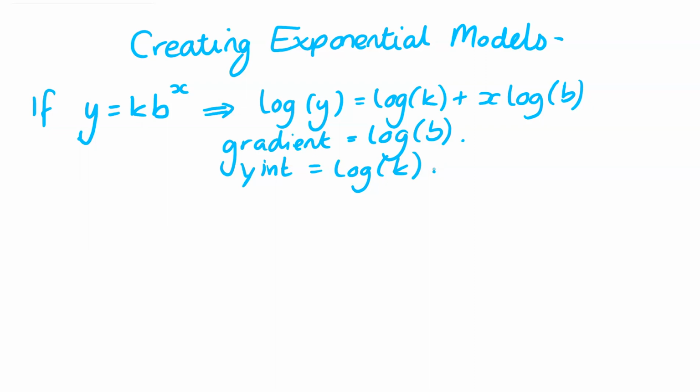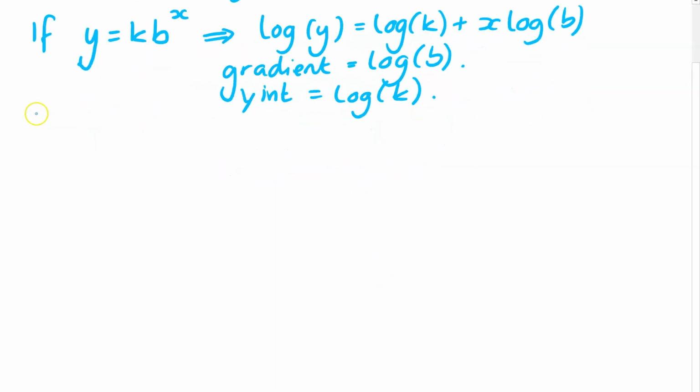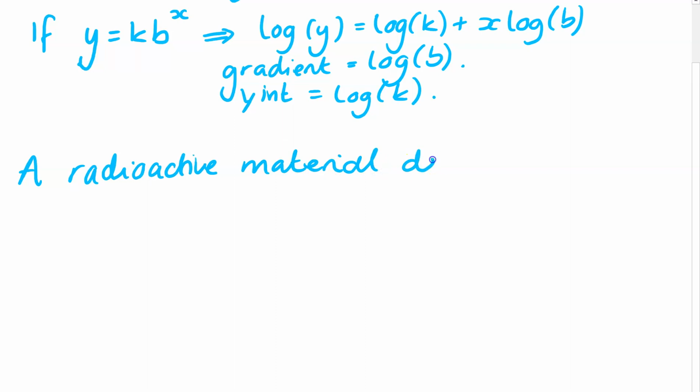Okay, let's go with, again, two examples. One's a kind of scenario based, one's a bit more kind of pick out the information. So we've got a radioactive material that decays, and we are given that the mass is a multiple of b to the t.